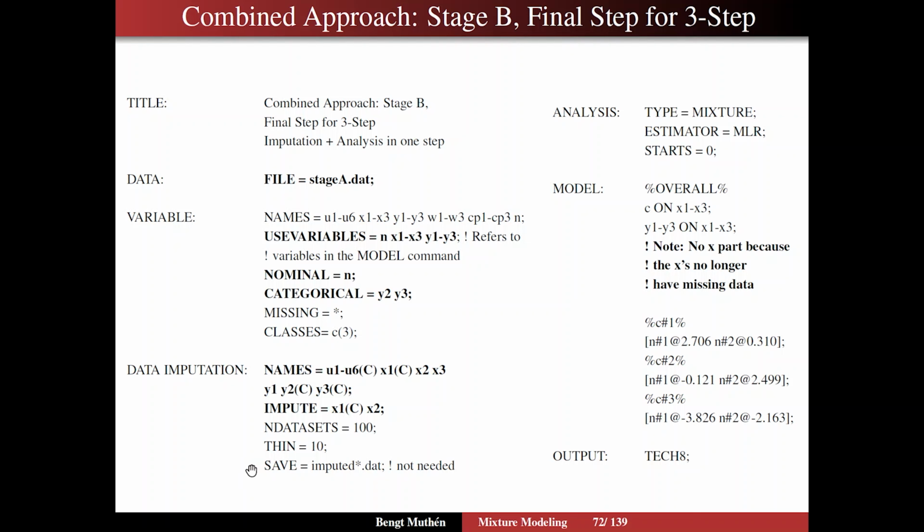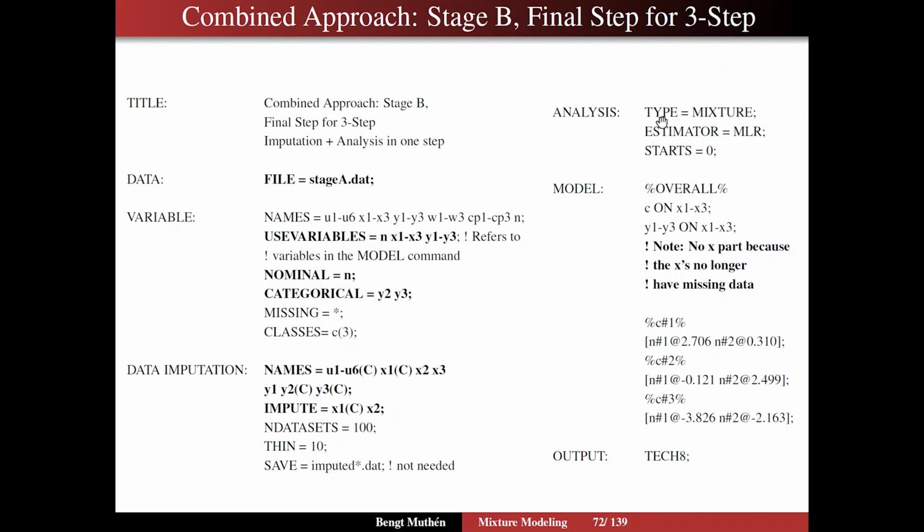It's probably sufficient. And here you can say that you want to save these imputed data if you want to. If you think you're going to do a lot of analysis, and if the imputation step took a long time, then it may be useful to save it. Otherwise, just do the imputation over and over again for every analysis variation that you want.